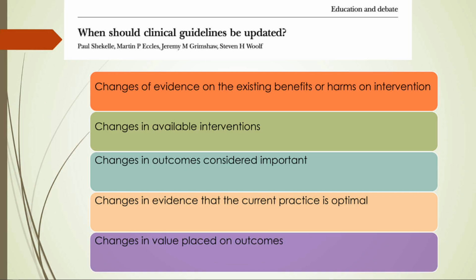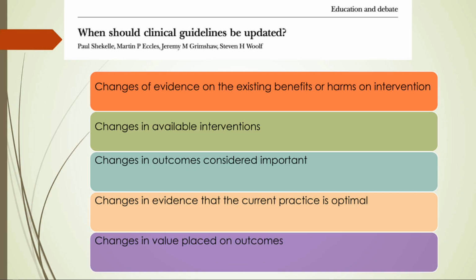So in first line, changes of evidence on the existing benefit or harms of interventions, and I will talk a bit about that when we discuss a risk score. Changes in the available interventions, well, in our world, now the whole transcutaneous field is new and needs to be categorized and have some recommendations associated with that.